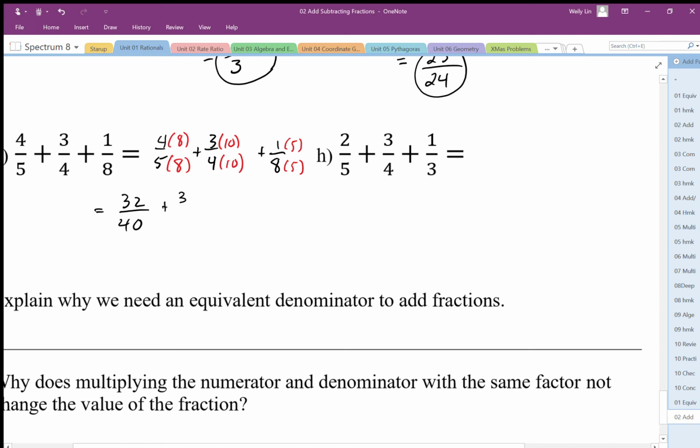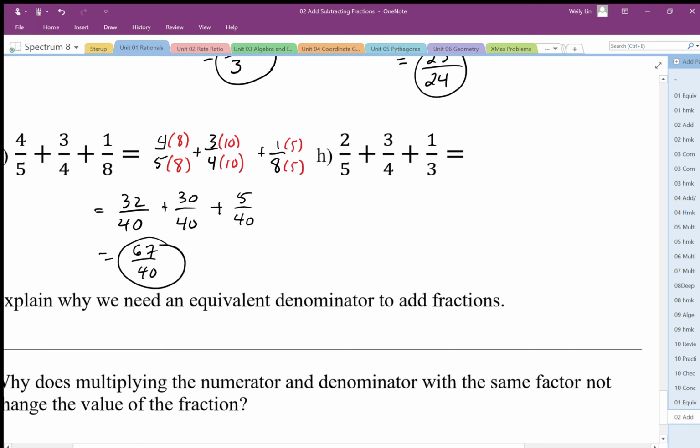Here I get 30 out of 40, which is equal to 3/4. Here I get 5 out of 40, which is equal to 1/8. And this all adds up to 67 over 40, and there's my final answer.